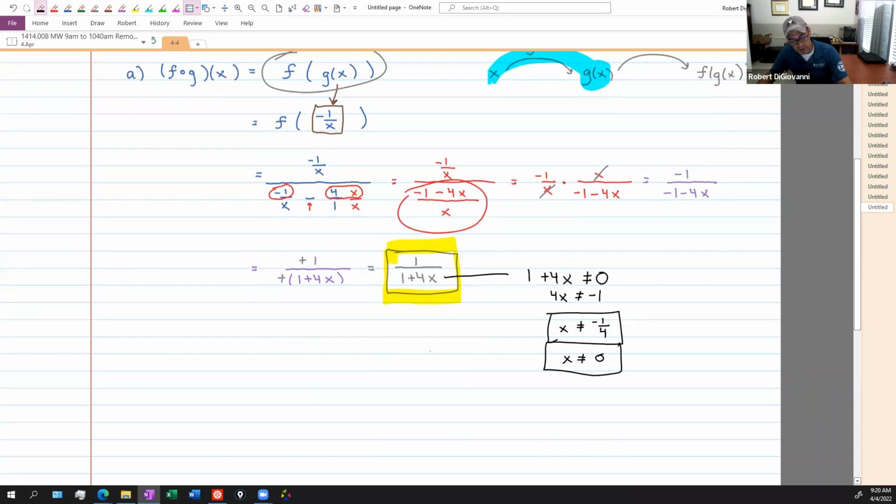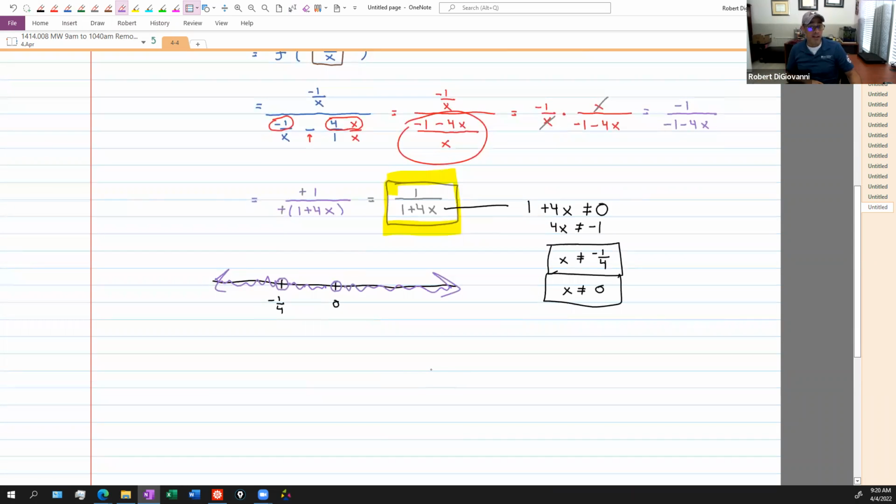And so if we think about this on a number line, here's 0, we cannot have 0, right? And we cannot have -1/4. But we can have anything over here, anything in here over forever.